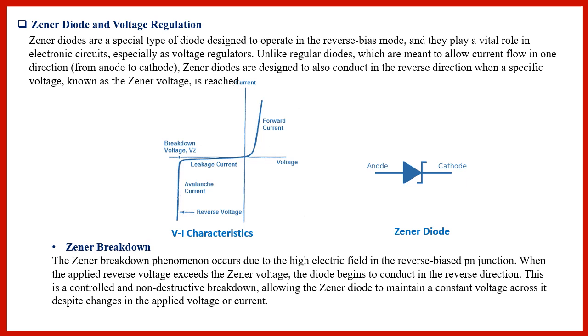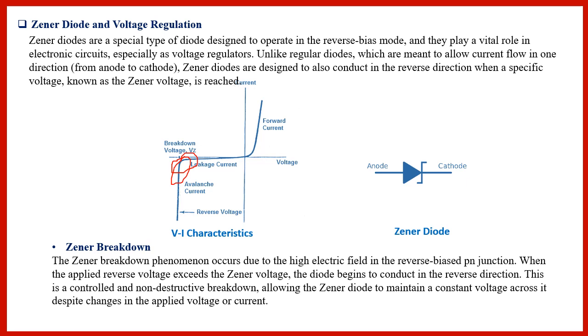But on the reverse side, on increasing the voltage in reverse biasing, you will find a point known as the sharp breakdown voltage. Sharp breakdown will be at this particular point, and when you keep on applying the reverse voltage, there will be a sharp rise in the current in the reverse direction.